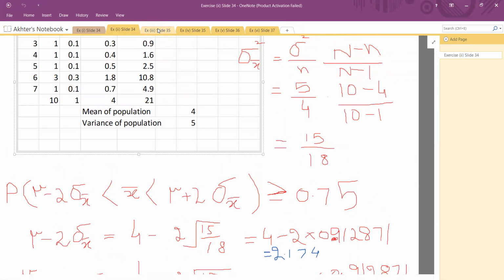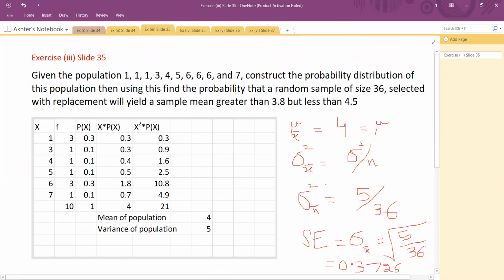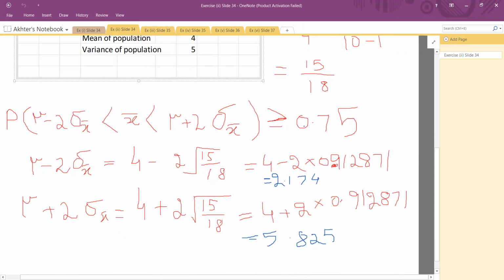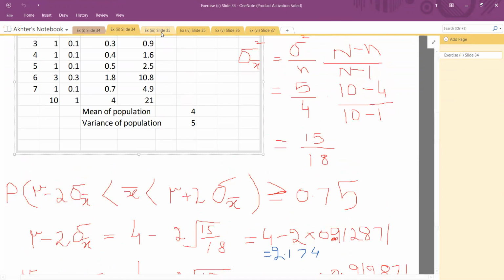Here the probability is not given; we have to calculate the probability between these two numbers. The major difference is that we used the Chebyshev inequality, according to which 75% will lie within mean plus or minus 2 sigma.